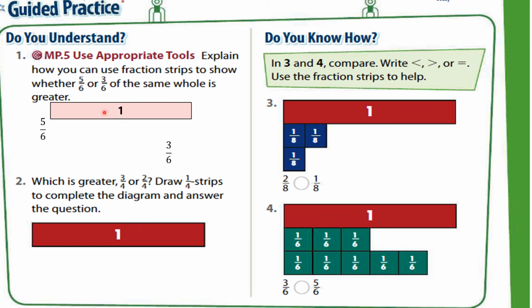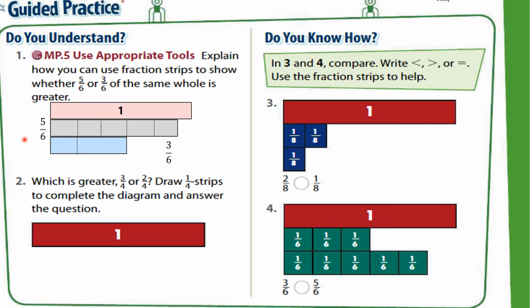So I have divided this into 6 equal parts. Let's see, this is my whole. Now I have to show 5 parts of 6, right? So here I divided into 5 equal parts. Okay, this gray strip is showing 5/6, 5 parts of 6.